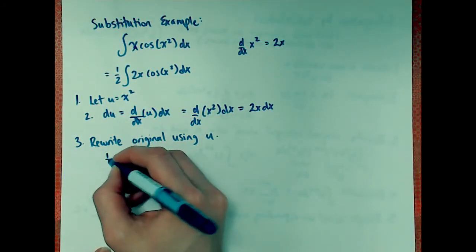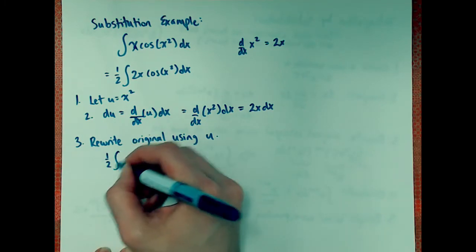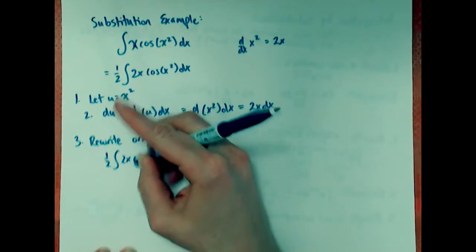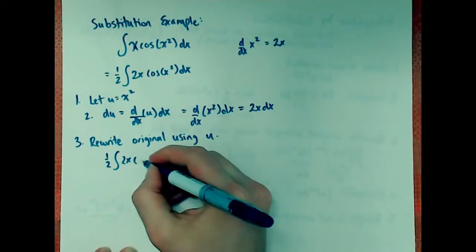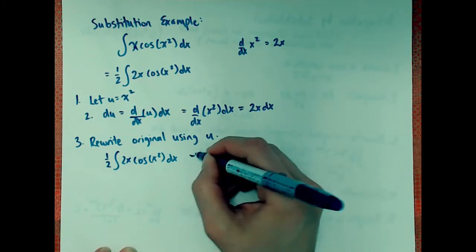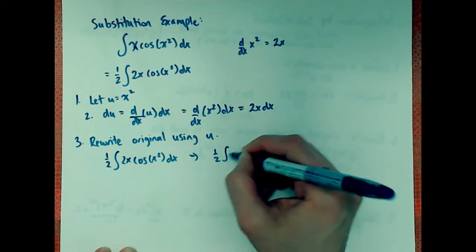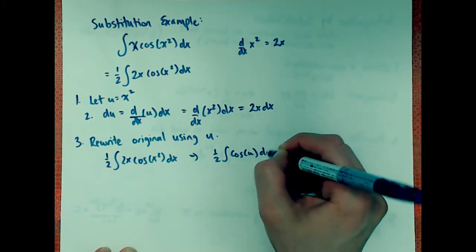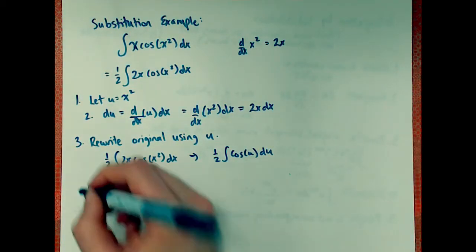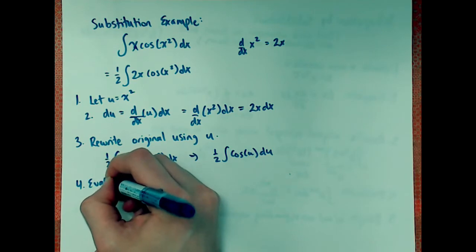So then we have 1/2 cos of x squared dx becomes 1/2 of cos of u du. And this is just one of our basic integrals. So we evaluate.